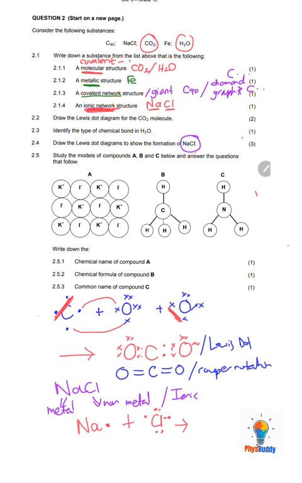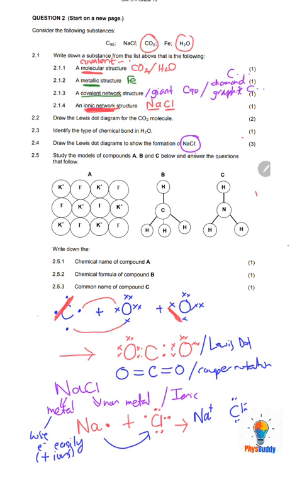What would happen now? There would be a transfer of that electron from sodium to chlorine, because metals lose electrons easily. We know that metals easily form positive ions. So sodium would lose that electron, and because it loses an electron, it becomes Na+. And chlorine would pick up that electron.